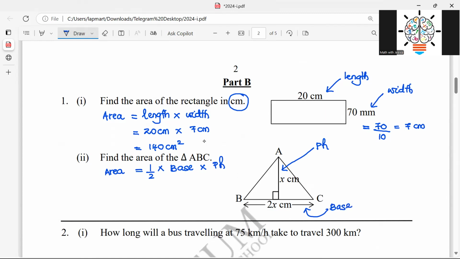So then I write half, base means 2x, perpendicular height is x. This 2 and 2 cancel, so then this becomes x squared centimeter squared. Right? Because 2x is a centimeter value, x is a centimeter value, and when you multiply x and x, that becomes x squared and centimeter squared.